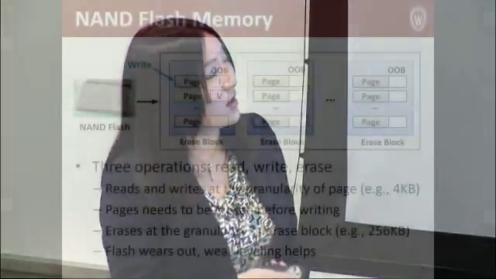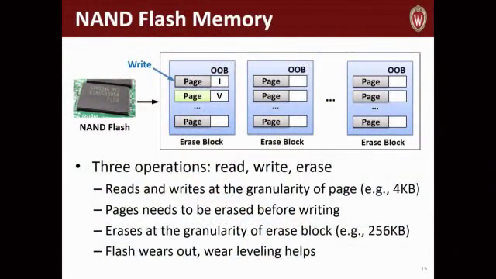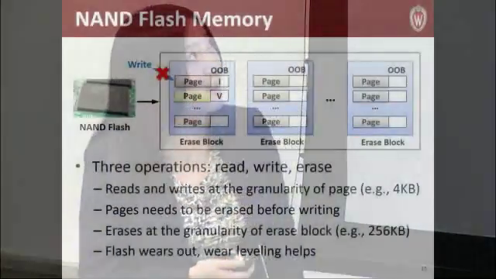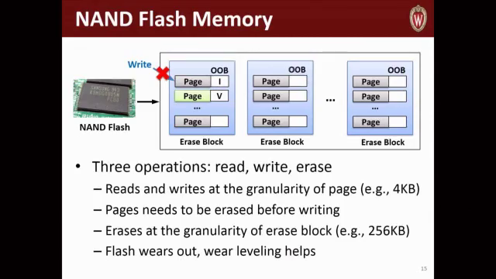Reads and writes happen at the granularity of a flash page, which is usually 2, 4, or 8 KB. The property of flash memory is that you cannot write a flash page without erasing it. For example, if you want to write to the first page without erasing the first erase block, there will be an error. Such erases happen at the granularity of an erase block, which is usually 256 KB to 1 MB.